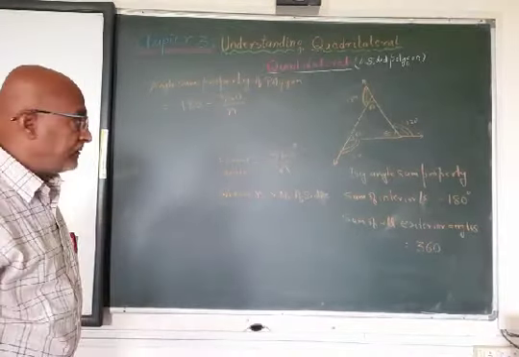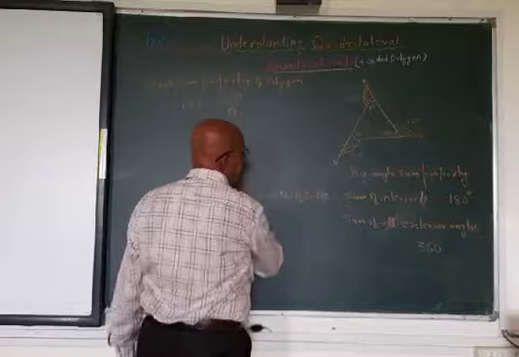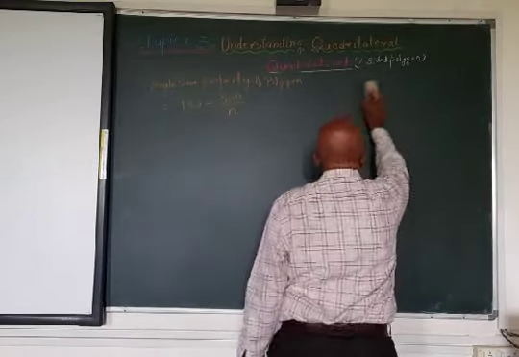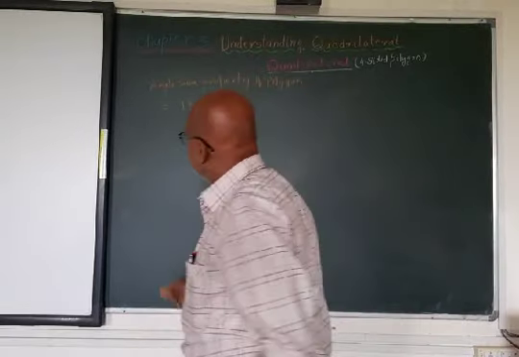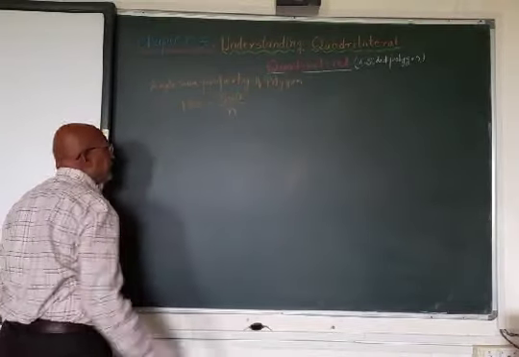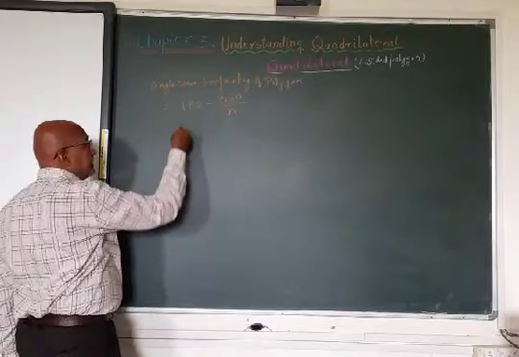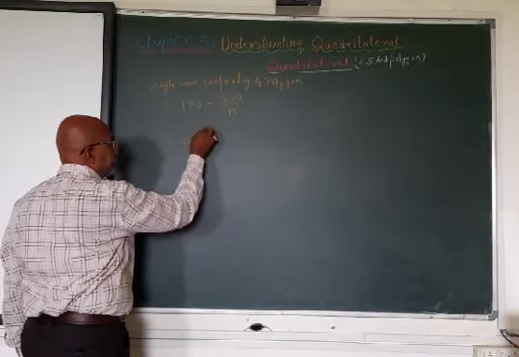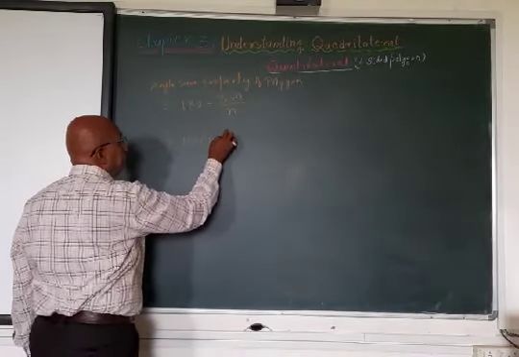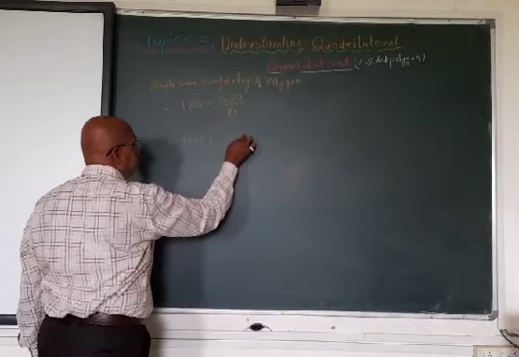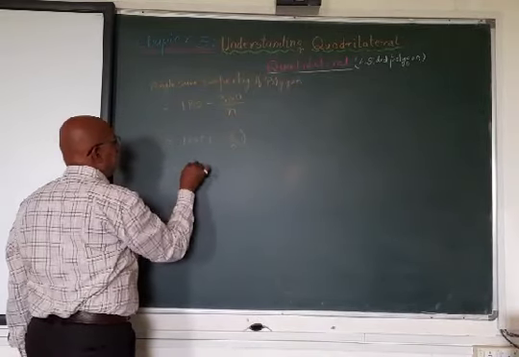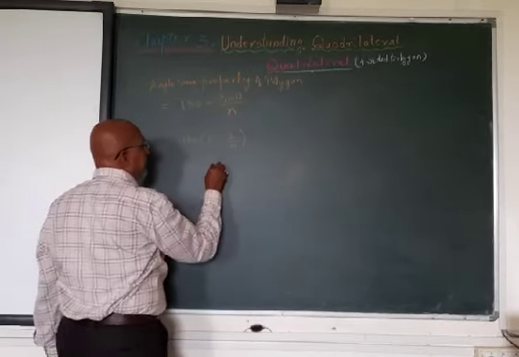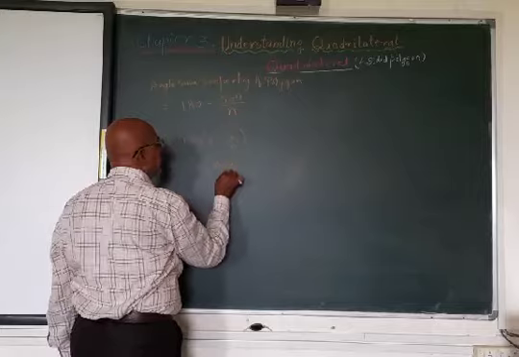Now if you solve this, what do you get? We'll get a formula. What is that formula? I can take 180 common. I get 180 multiplied by 1 minus 2 upon n, equal to 180 multiplied by n minus 2 upon n.